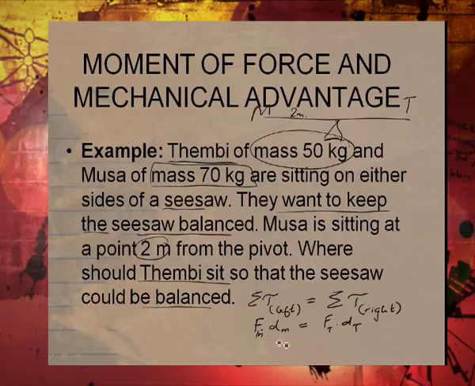This is the force of gravity, because we're looking at their weights. So for Musa, we've got 70 kilograms, so that will be 70 times 9.8 times 2, should be equal to, sorry, this should be 50 for Thembi, and Musa is 70. So 70 times 9.8 times 2 equals 50 times 9.8 times the distance.